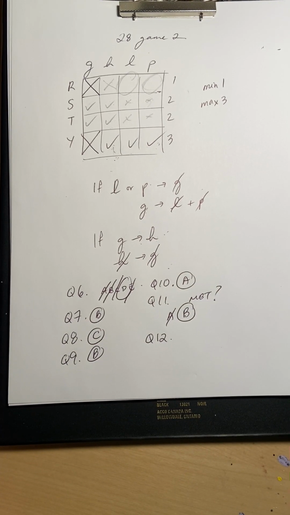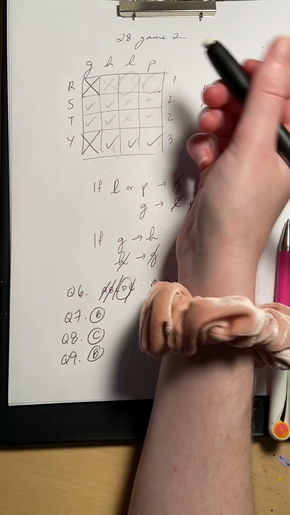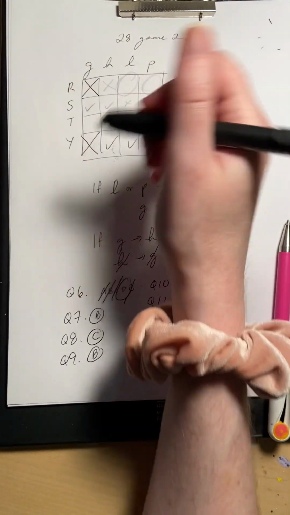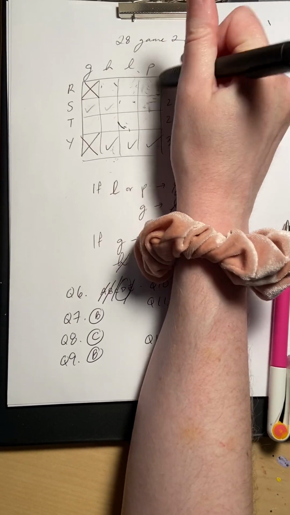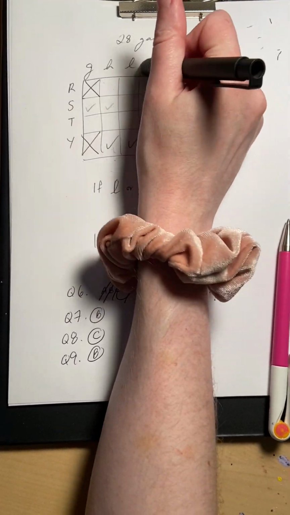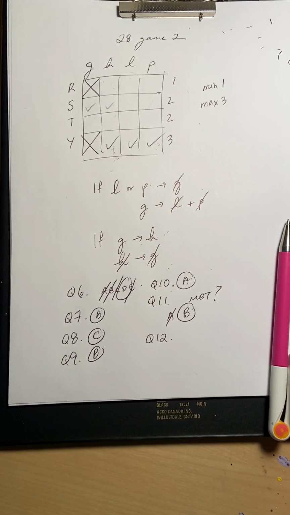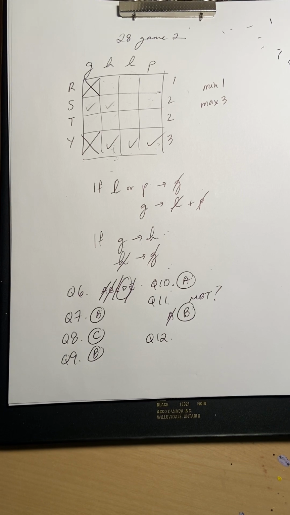Question 12. If exactly 2 of the languages are learned by the historian, so 2 languages learned by the historian would be Yoruba and either S or T. The reason I say that the historian has to learn either S or T is because one of those must be learned by the geologist. Those are the only options that the geologist has left that they could learn.